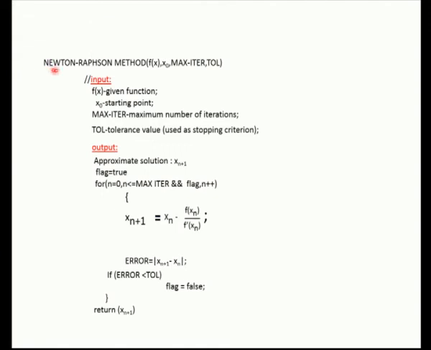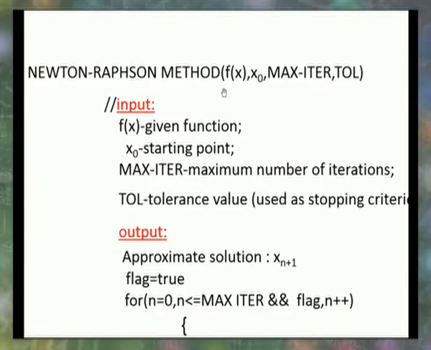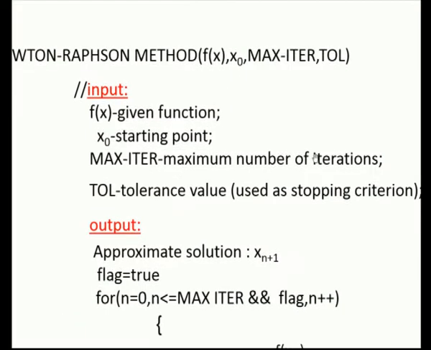The title of the code is Newton-Raphson method. It requires f of x, the function, as input, x naught the starting point as an input, and max iter, which refers to the maximum number of iterations which we are going to use in the code. It can be 1000 or 5000 or 10,000.